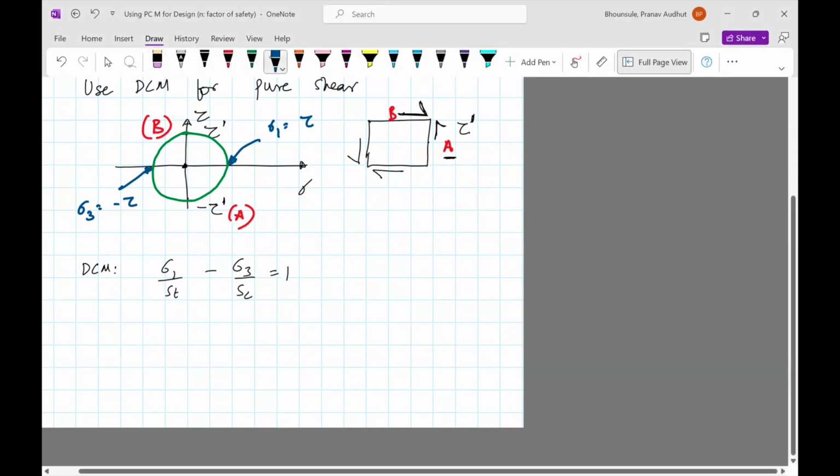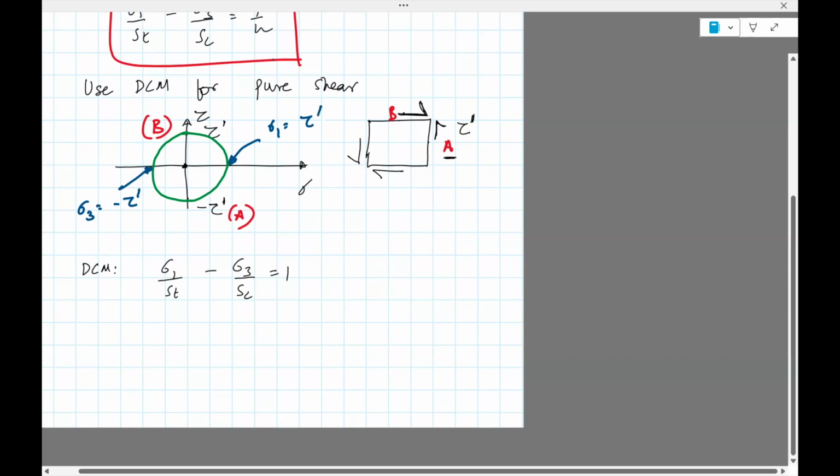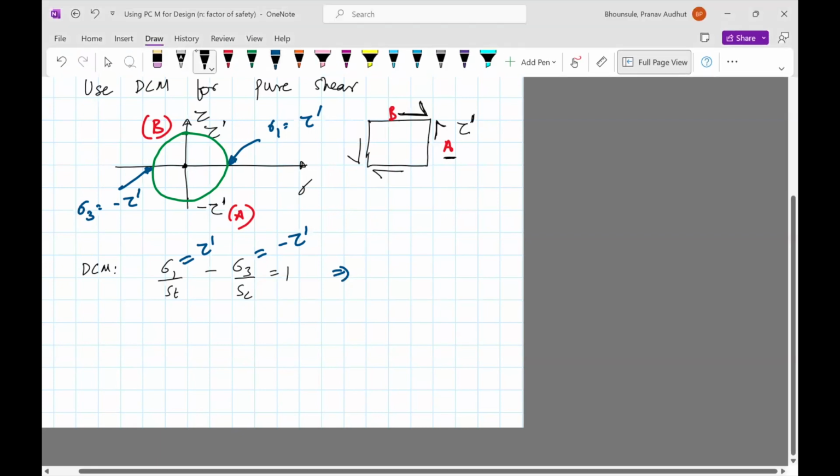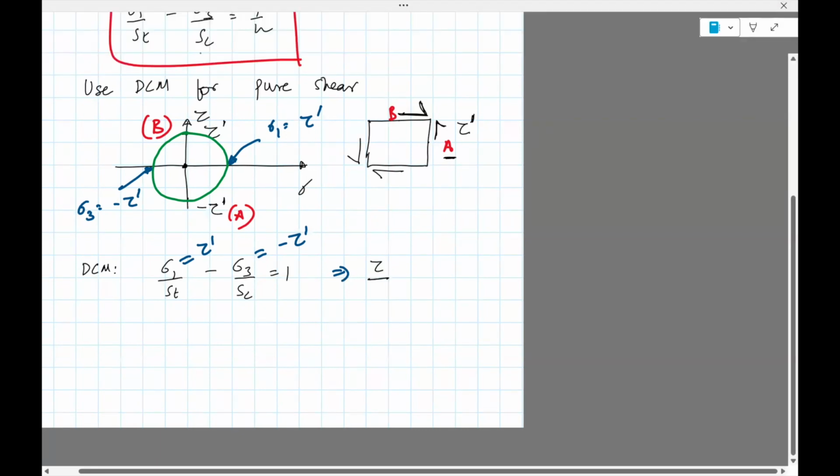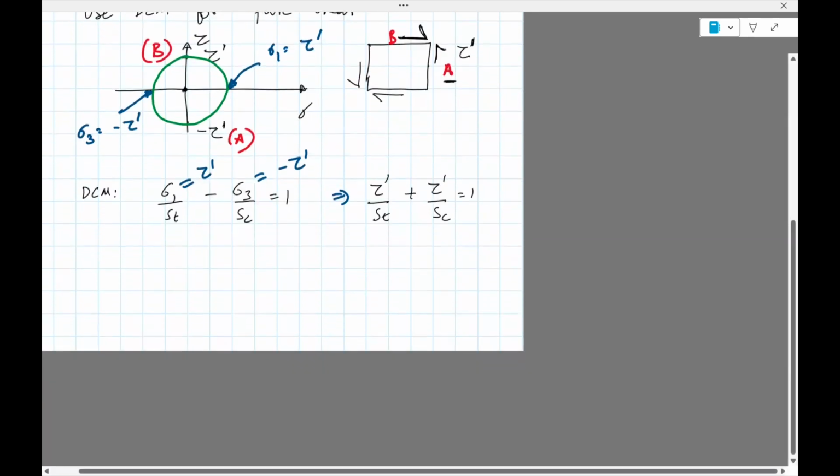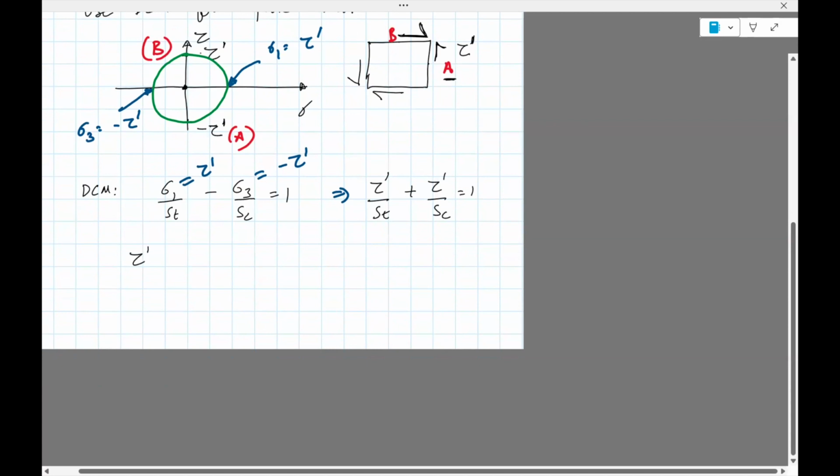But we know that this is tau prime, this is minus tau prime. So we can write tau prime divided by ST plus tau prime divided by SC equals 1. We can solve for tau prime. It's ST SC divided by ST plus SC.